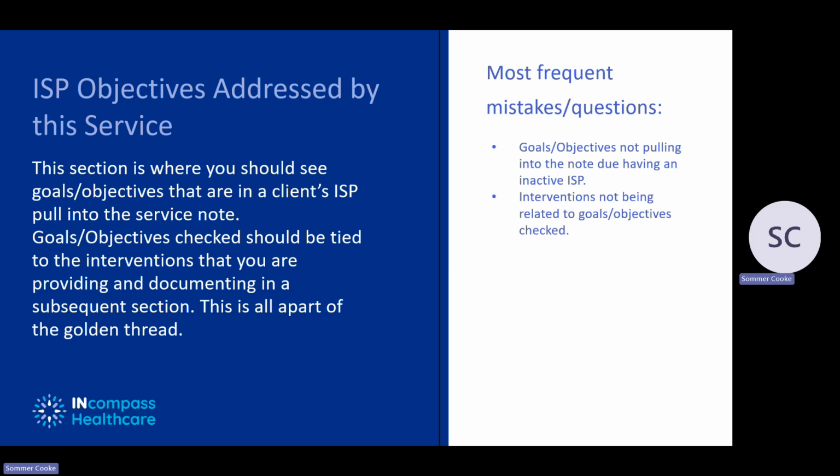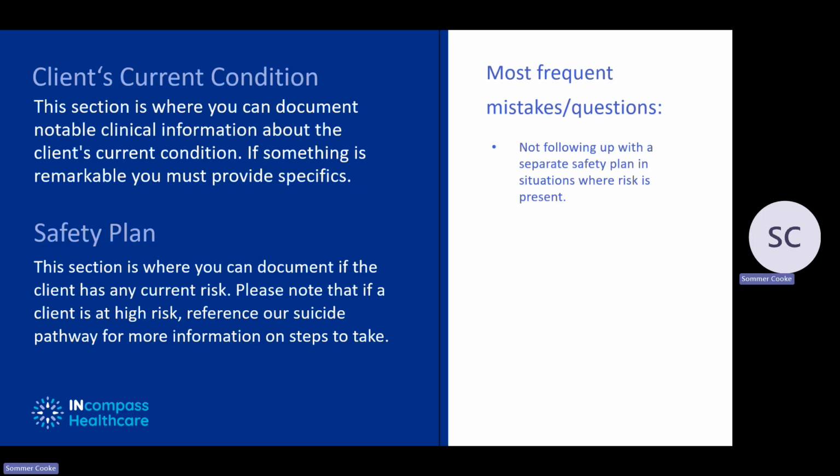This is all a part of ensuring that the golden thread is present. Some of the most common mistakes are when goals are not pulling into the note. This is usually due to not having an active ISP or interventions not being related to the goals or objectives that are actually checked.